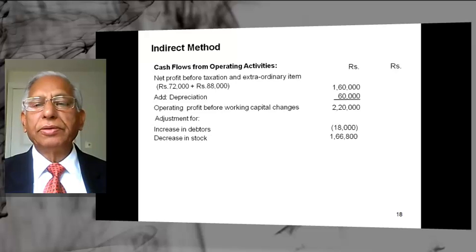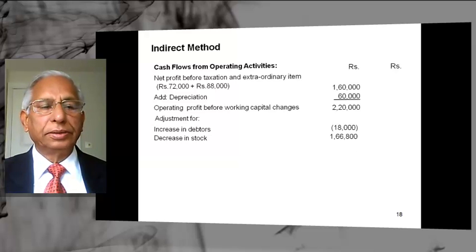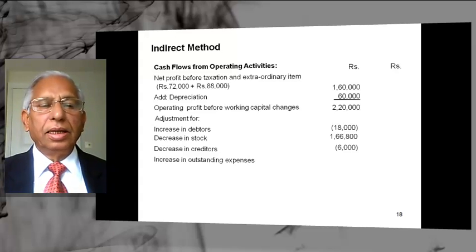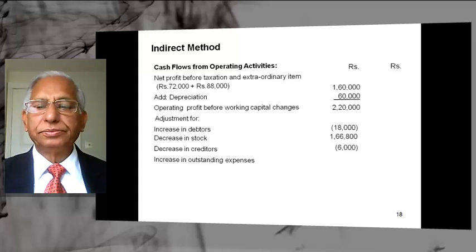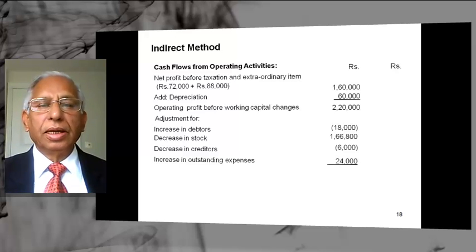What is negative item? We have written in bracket. What is positive item? It is written without bracket. Decrease in creditors 6,000 rupees. Increase in outstanding expenses 24,000 rupees. The basic idea which you should keep in mind: if any current asset increases, it will result in the outflow of cash.